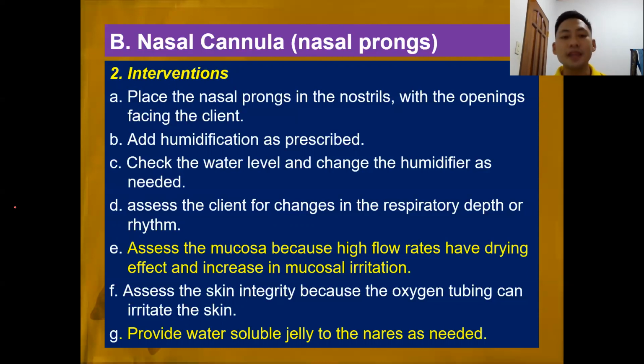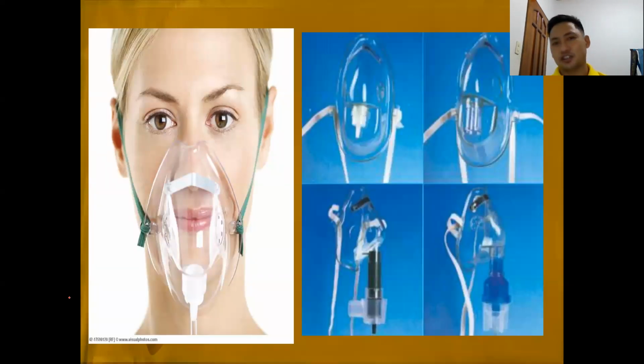Okay. So you provide water-soluble jelly to nourish as needed. You can also put some cotton or gauze below the tubing that wraps around the cheeks so that it would lessen the irritation.